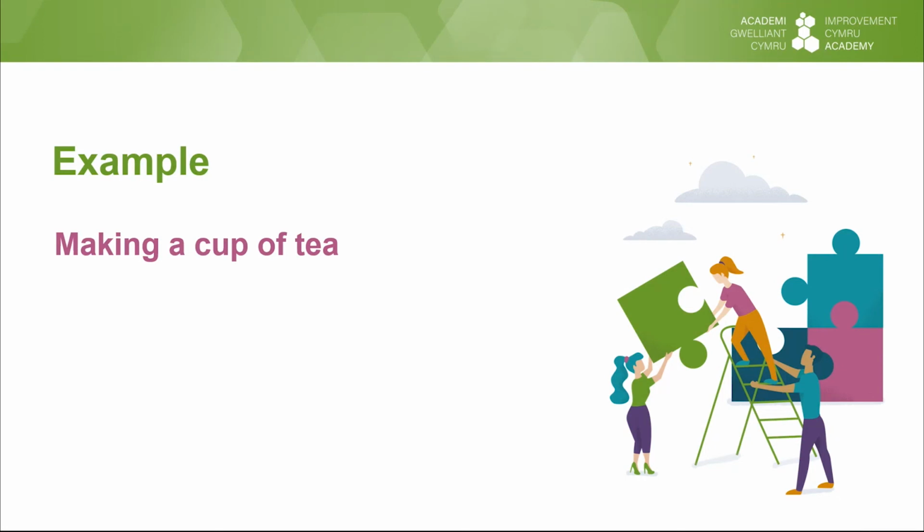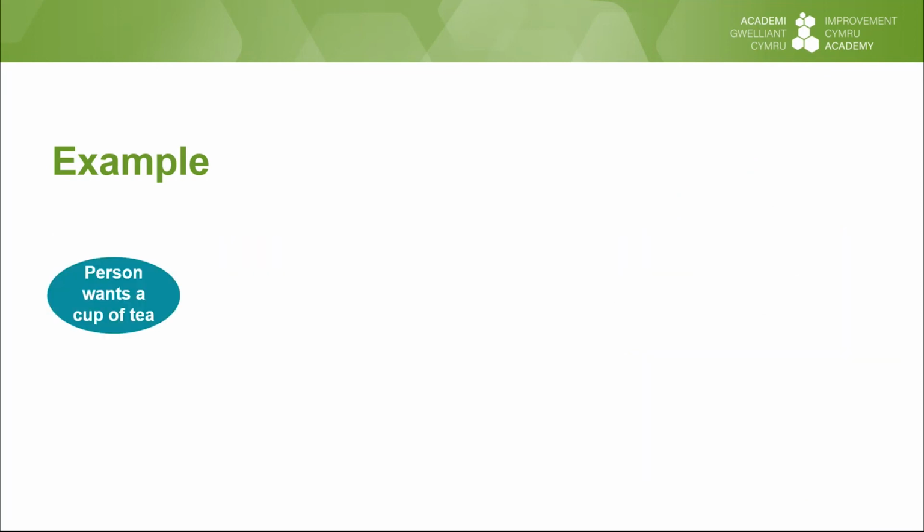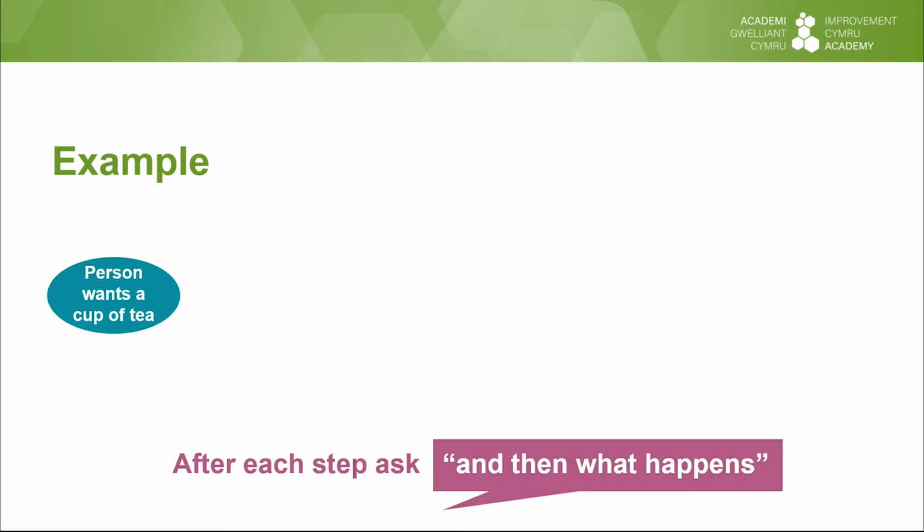Let's run through a quick example and process map making a cup of tea. First of all, we need to decide what our starting point is and write this in. For the purpose of this example, the starting point is person wants a cup of tea. Next, if we ask, and then what happens, we can start to identify the process steps in order.